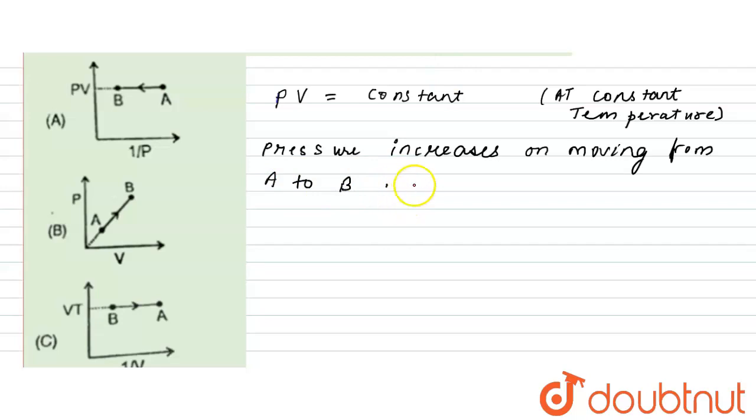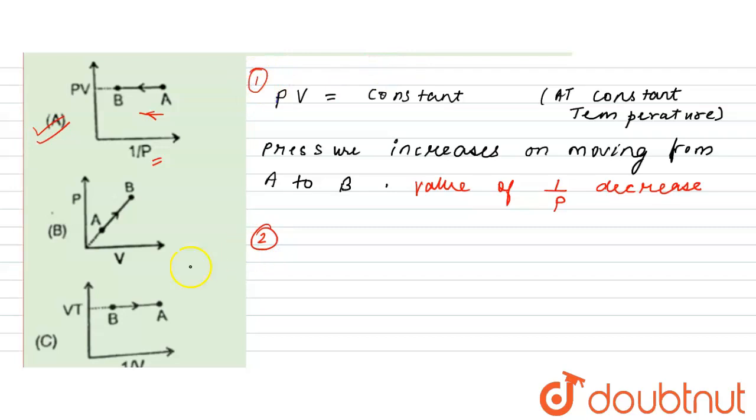The value of 1 by P will decrease, as it is decreasing also. So pressure increases, but the value of 1 by P decreases as we move from A to B, right? So the first graph is possible. Now let's see about the second graph. This was about the first graph.